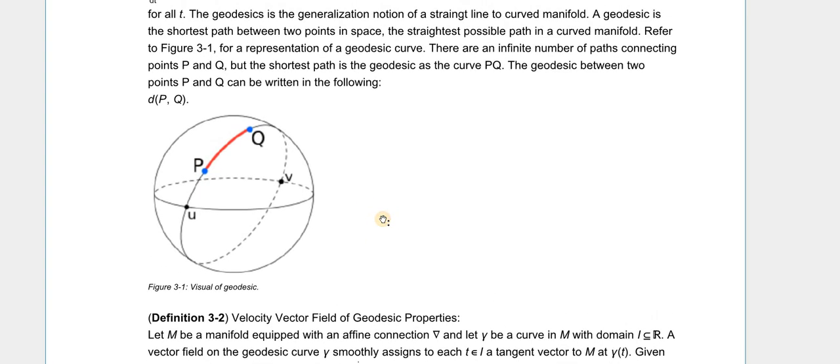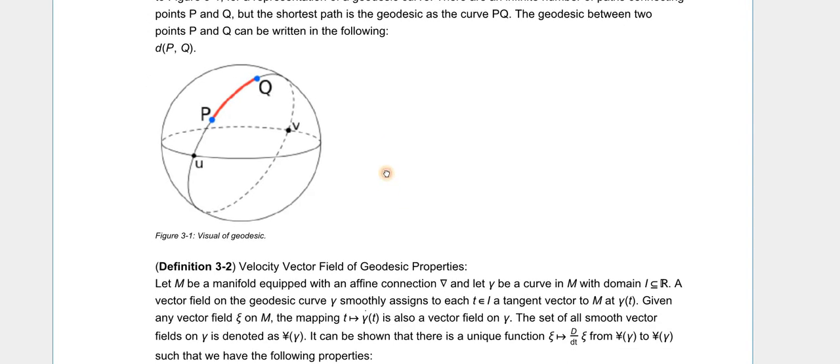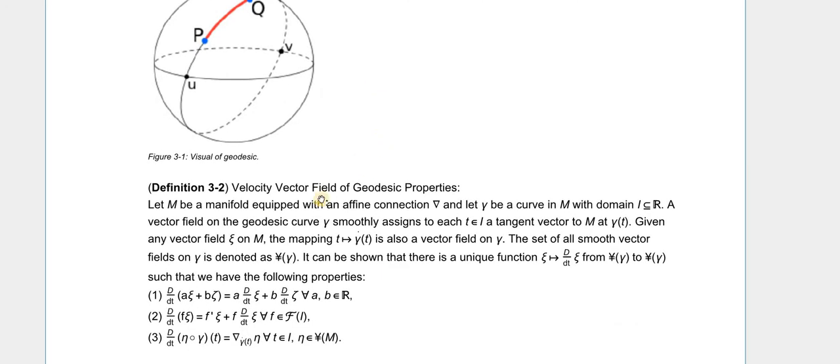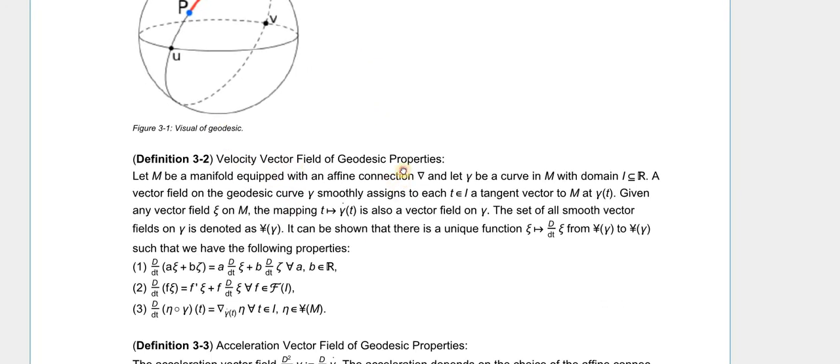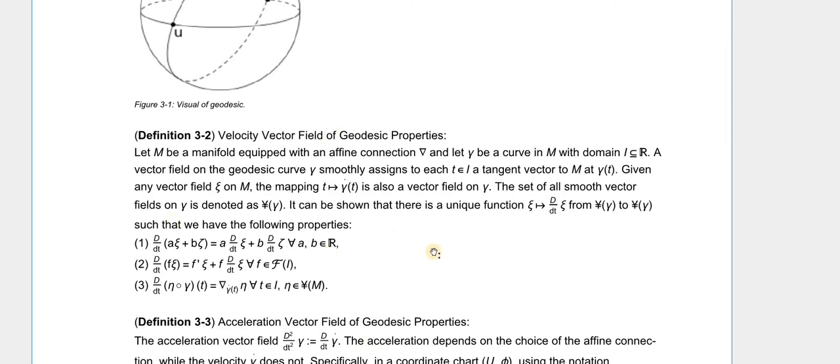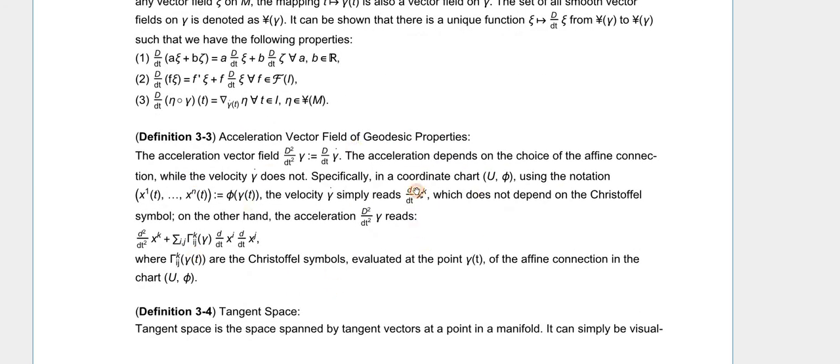The same way you can find the first derivative and second derivative of a point, you can find the first derivative and second derivative of a vector field. For a geodesic curve, it has a velocity vector field, along with these properties, as well as an acceleration vector field.